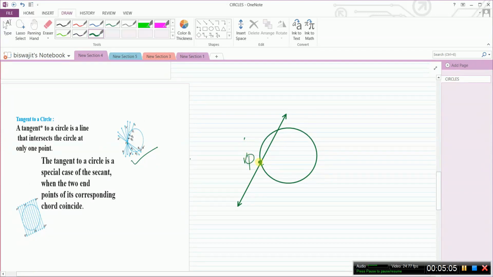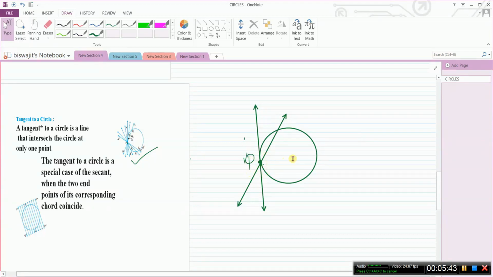This is the fixed point P, which belongs to the line and the circle. Through this point P, the first line passes through 2 points of the circle, but if we draw in this way, only one line is possible through this point P. So at only one point, only one tangent is possible to draw, not more than a single tangent.